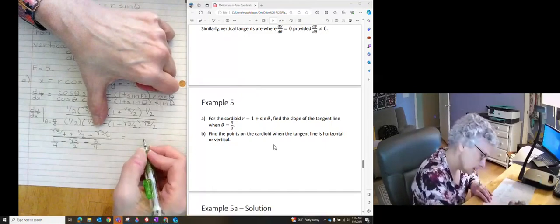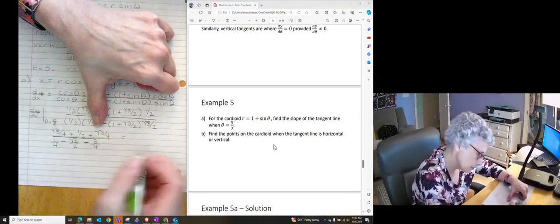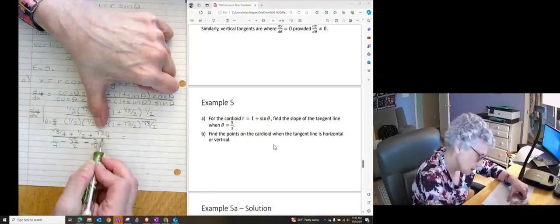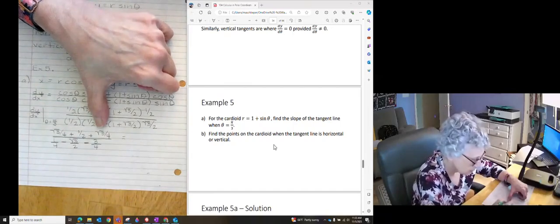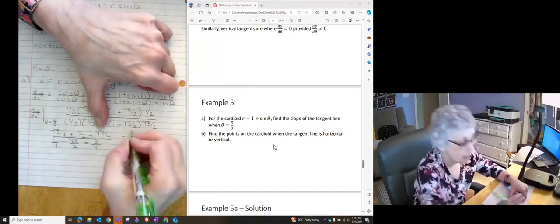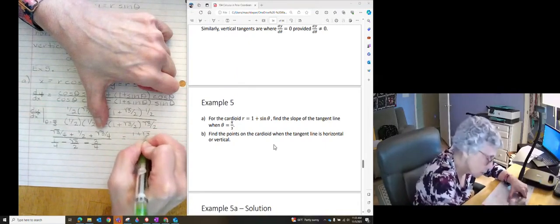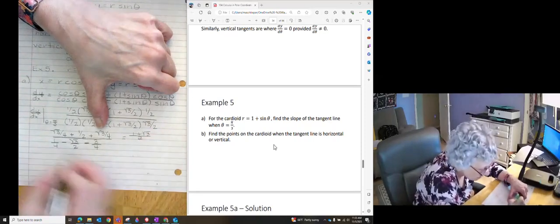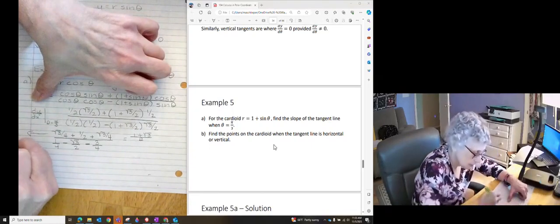So looks like I have on top, I'll go ahead and simplify the top. I have square root of 3 over 4 plus square root of 3 over 4, which gives me 2 times the square root of 3 over 4, which is the square root of 3 over 2, so it gives me 1 plus square root of 3 over 2.